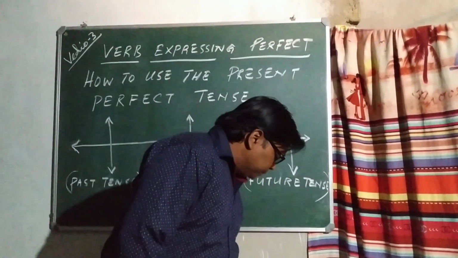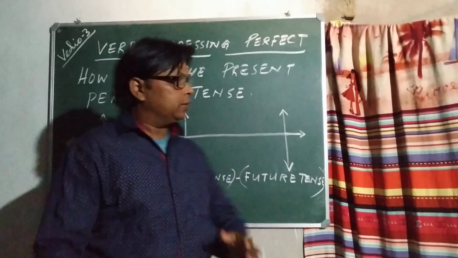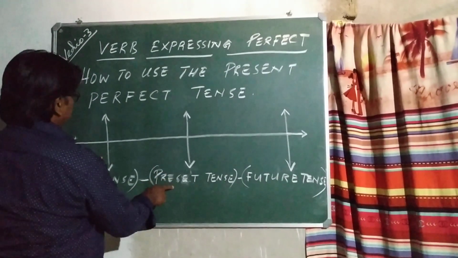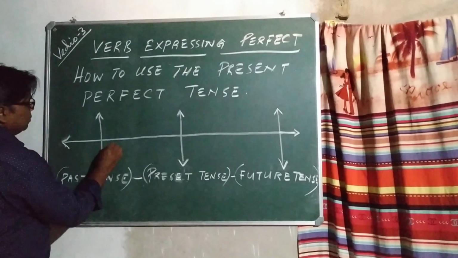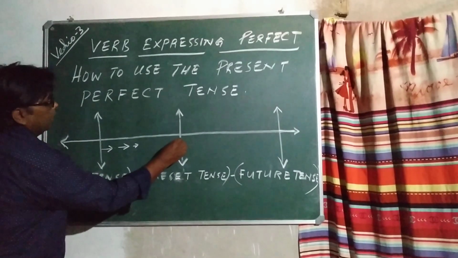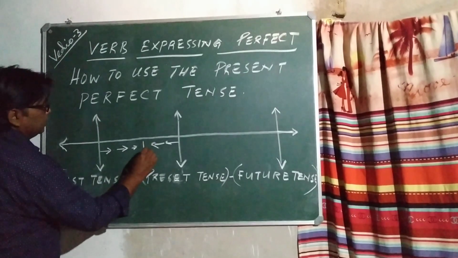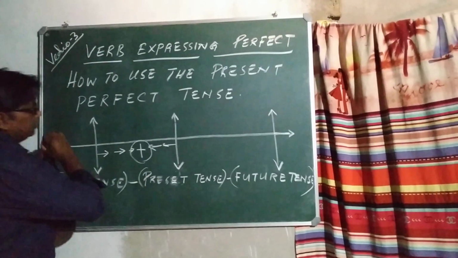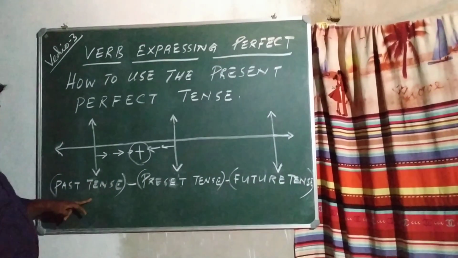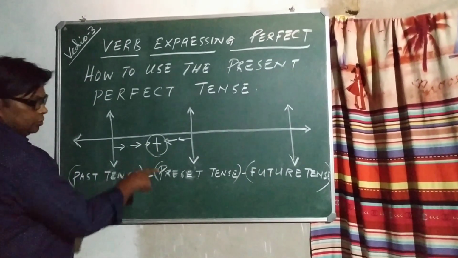The action that happened in the past and is connected to the present. That is called the first rule.